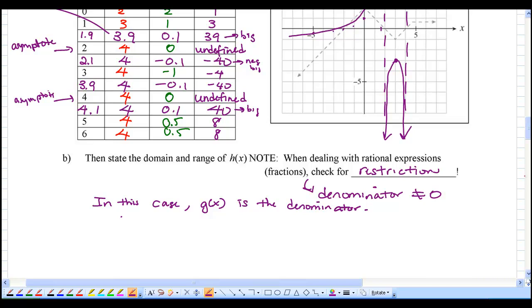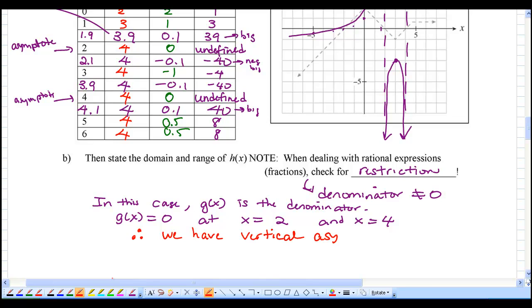And it looks like g of x is equal to 0 at x equals 2 and x equals 4. And that's why, therefore, we have vertical asymptotes. And this is a review from grade 11 at x equals 2 and x equals 4.